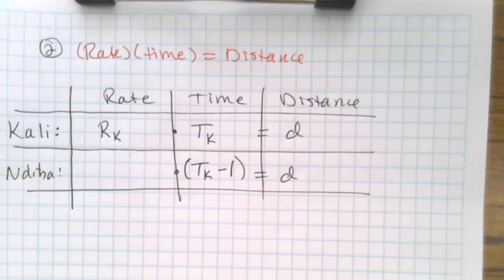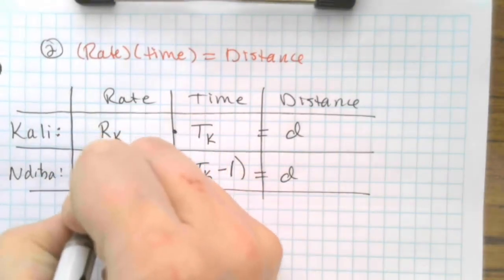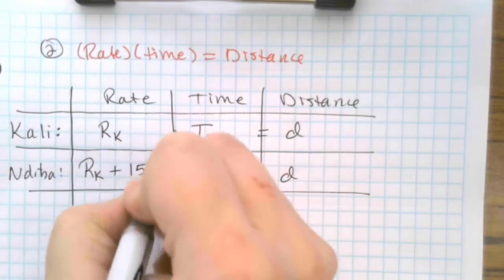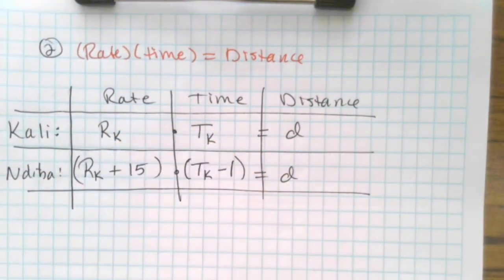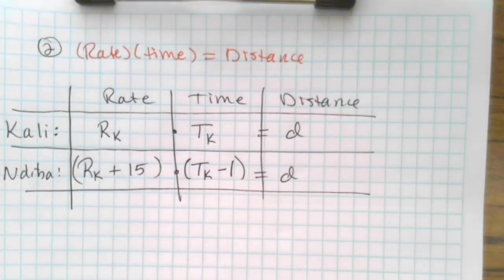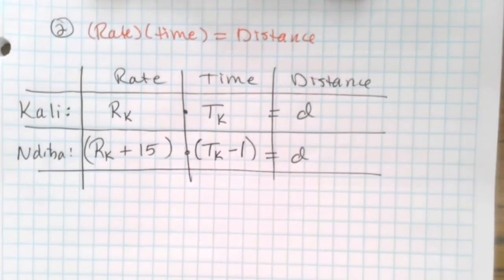It also says that Nadiba was traveling 15 miles per hour faster than Kali. So if we take the rate of Kali, we add 15 miles per hour, we have the rate of Nadiba. And then, of course, they both catch up to each other, so they go the same distance.